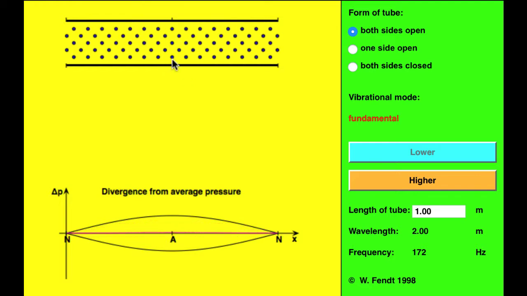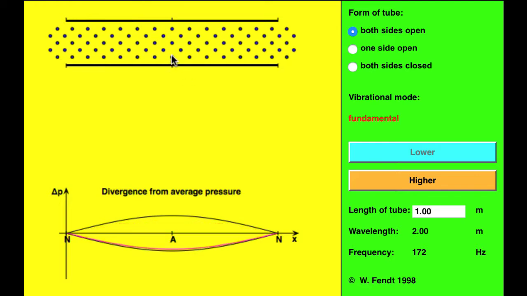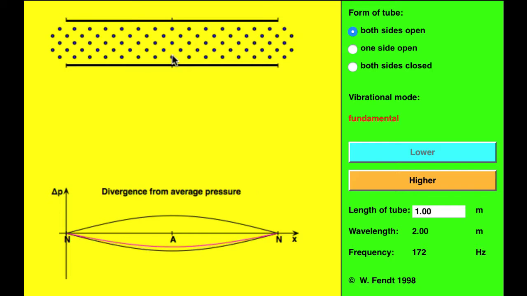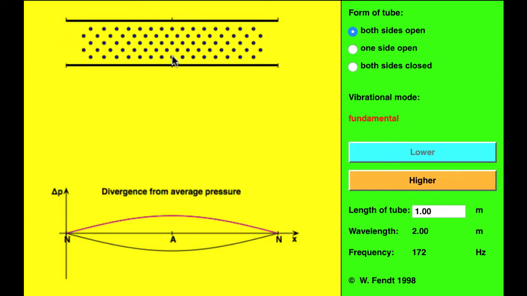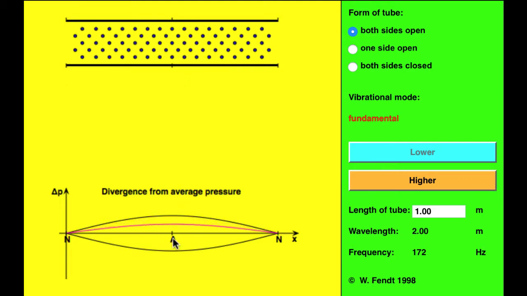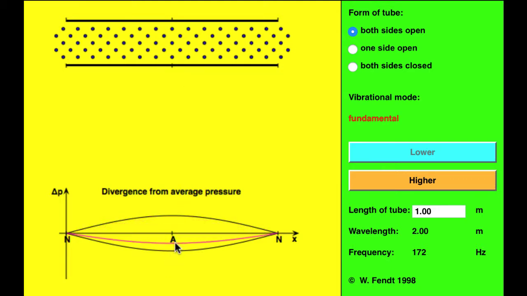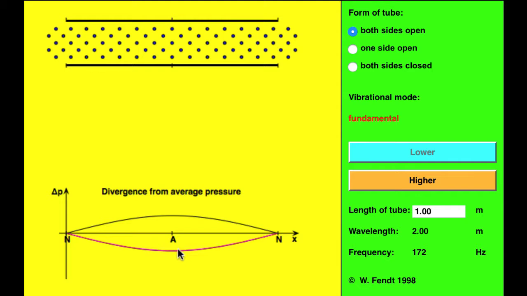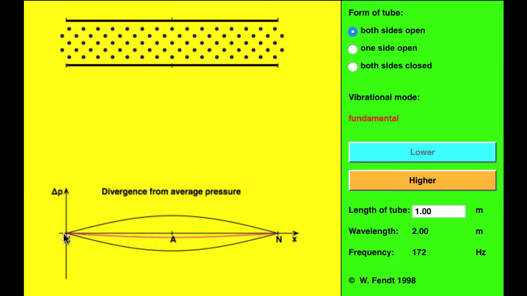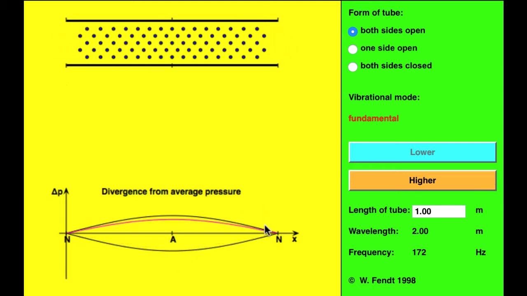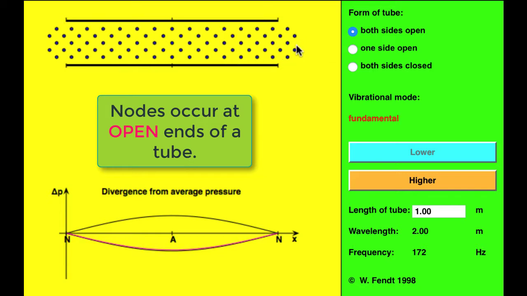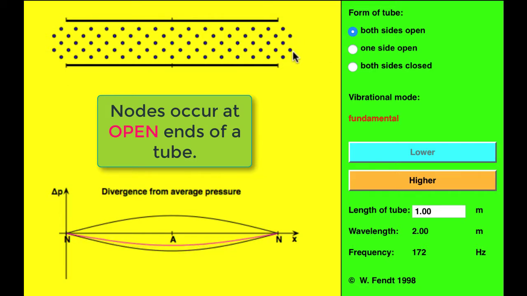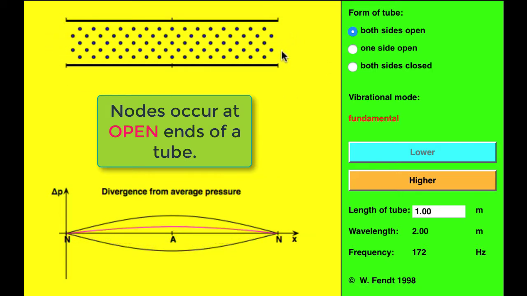If we go look at the center, we see right now that they're spread apart a lot, and as they come in, they get really close together so that there would be a greater pressure. And so what we're seeing in the middle is a very large change in pressure. This corresponds to a node on the outside and an antinode in the middle. And so what we will come to understand is that for any open end in a tube, there is always a node.